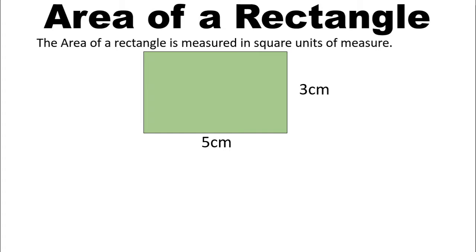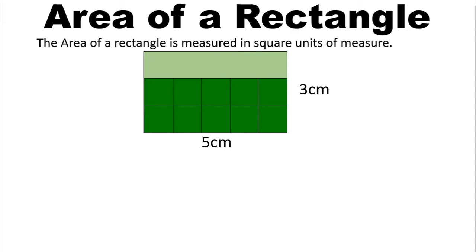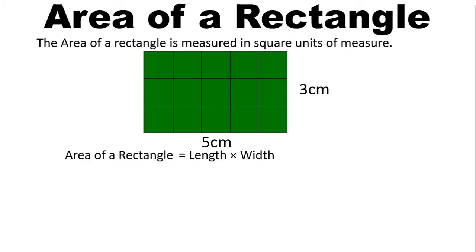I'll start with one row of 5 centimeter squares. And as you can see, I've got space up the side of the rectangle to repeat that row 3 times. Altogether, I've got 3 rows of 5 centimeters squared, which is why the area of a rectangle is length times width, my length being the 5 and my width being the 3.